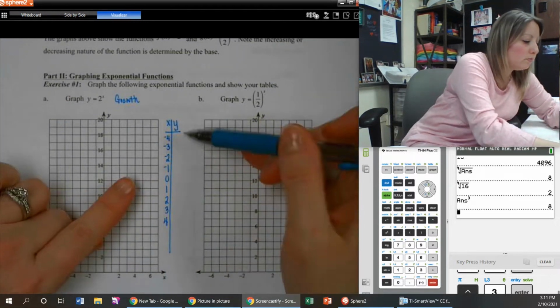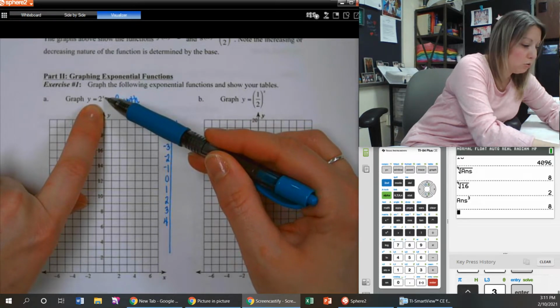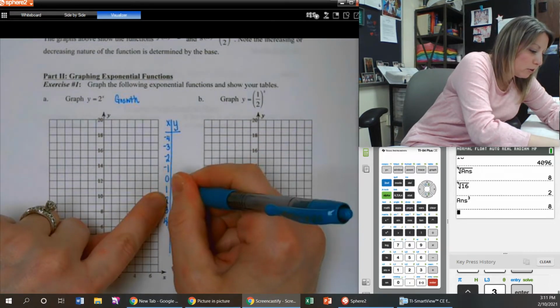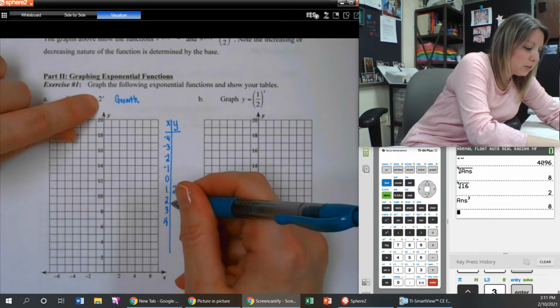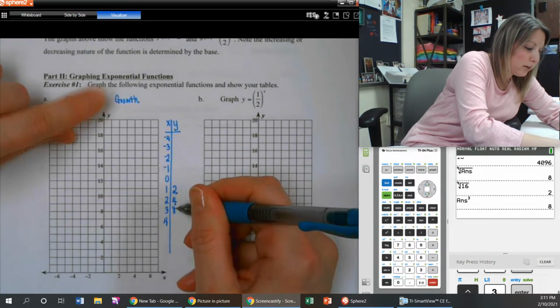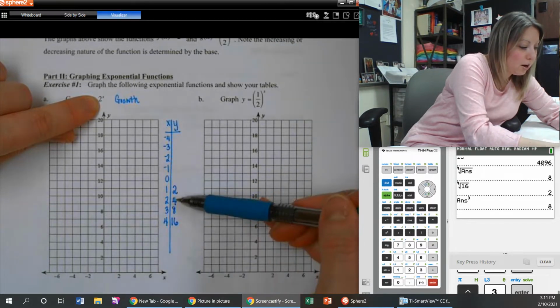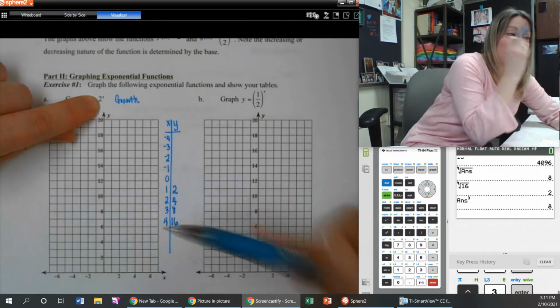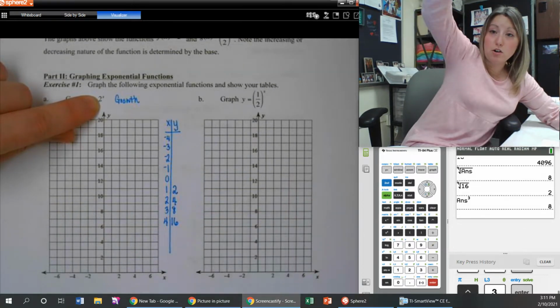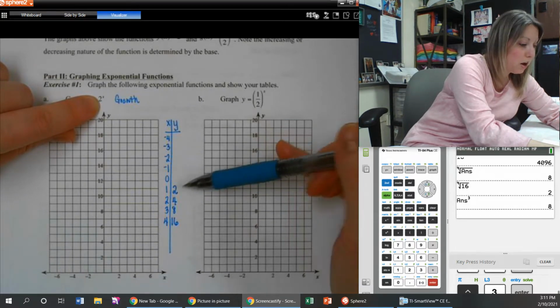If I am taking my 2 as my base and raising it to the first power, then my result is 2. 2 raised to the second power is 4. 2 raised to the third power is 8. 2 raised to the fourth power is 16. So you can see you've taken your number and you've doubled it each time. If I need to go backwards into the negatives as far as my exponent goes, I'll be halving.